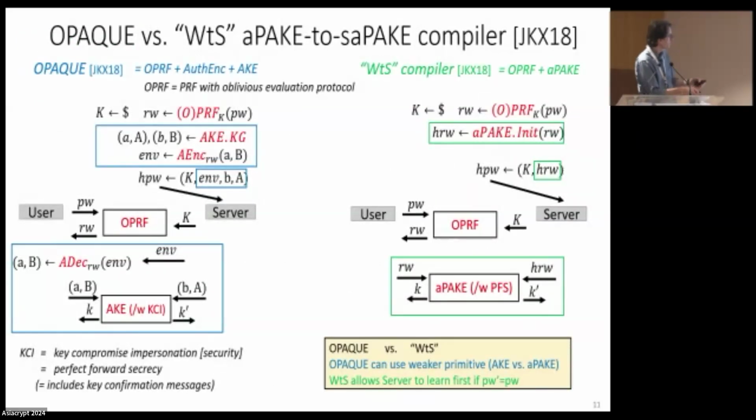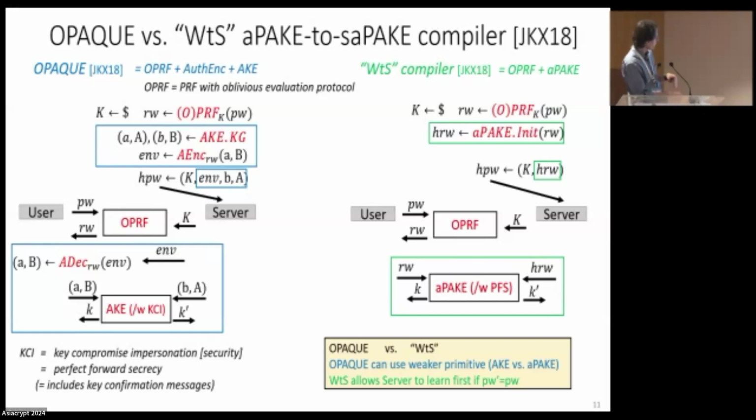So now we move to how. I'll show you two strong APAKE protocols, this one is OPAQUE and this one is OPAQUE-prime, very similar but slightly different. So, how does OPAQUE work?